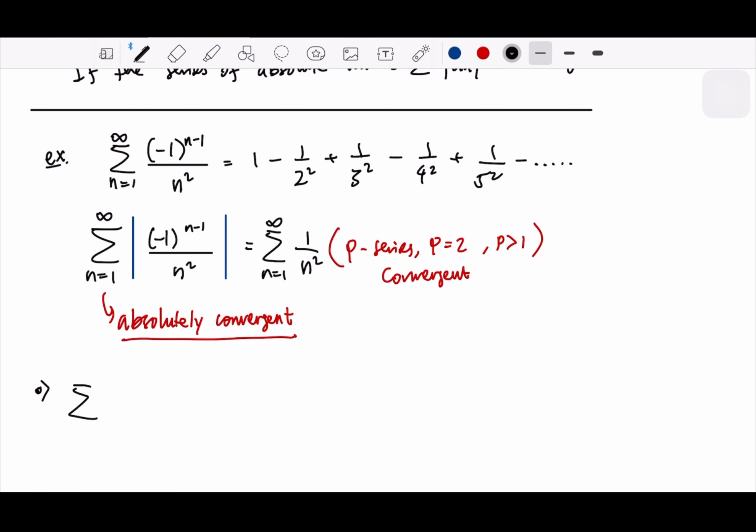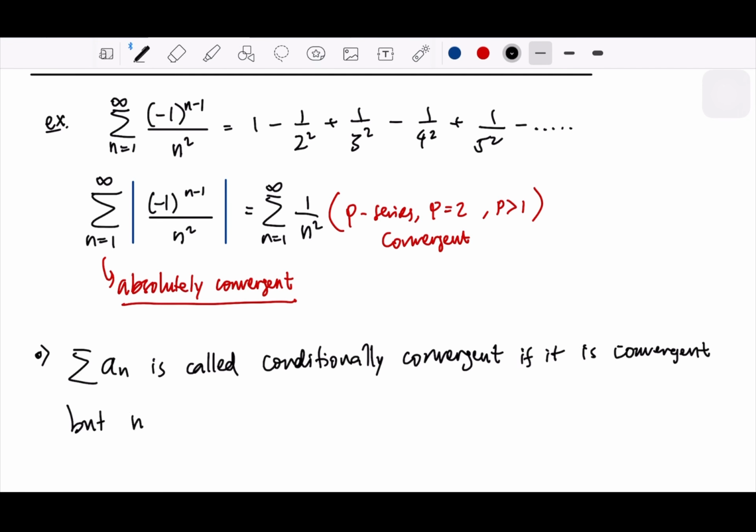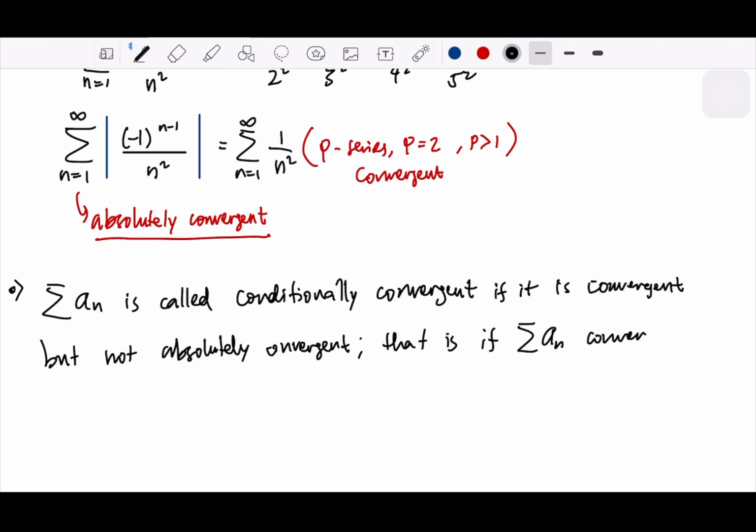So the series is called conditionally convergent if it is convergent but not absolutely convergent, or that is, if the series converges but the series of the absolute values diverges.